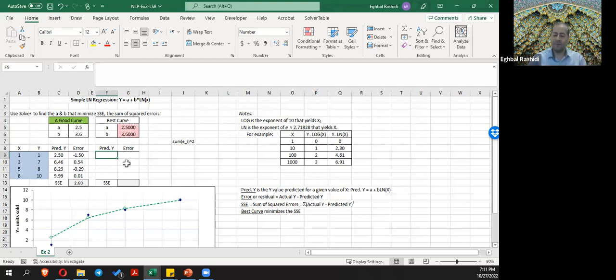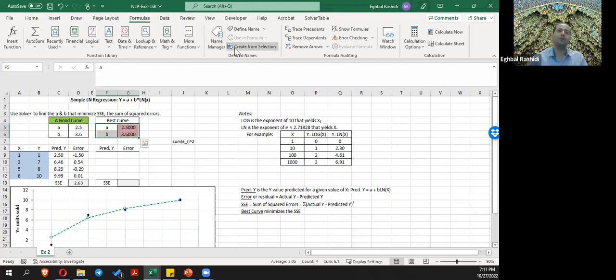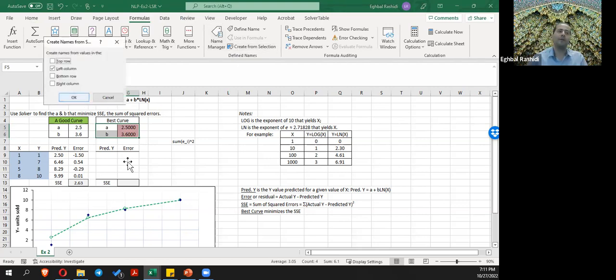So we're going to do the same thing. This is going to be a plus b multiplied by, so it's going to be a, and I'm going to use the absolute value here. I could actually name this, which makes it easier to do that. Let me go ahead and do that. All right, okay, so now better.